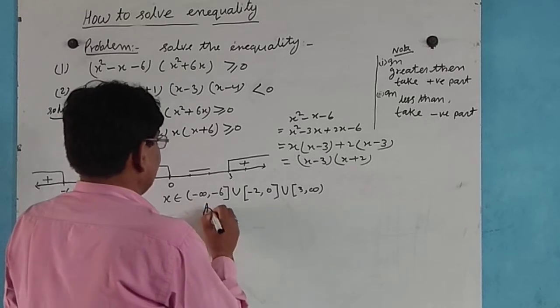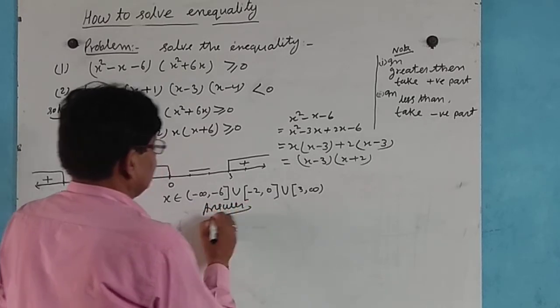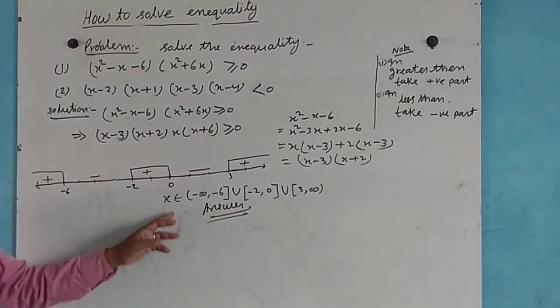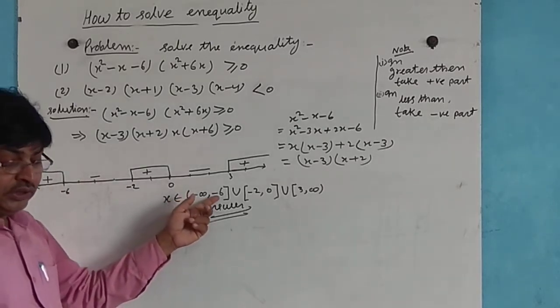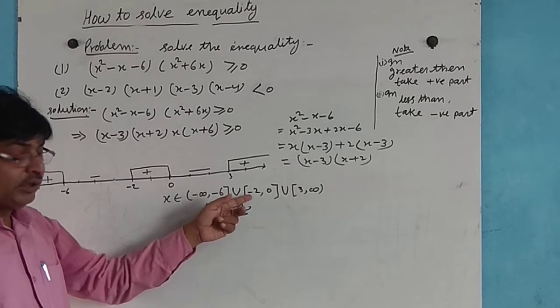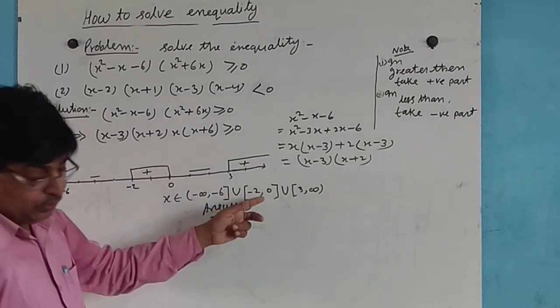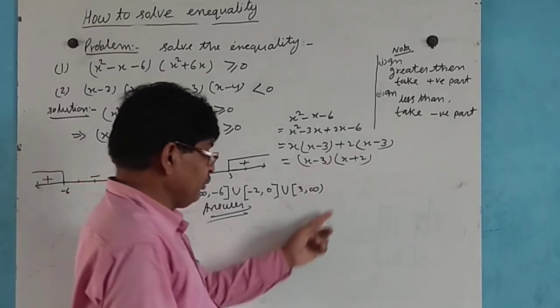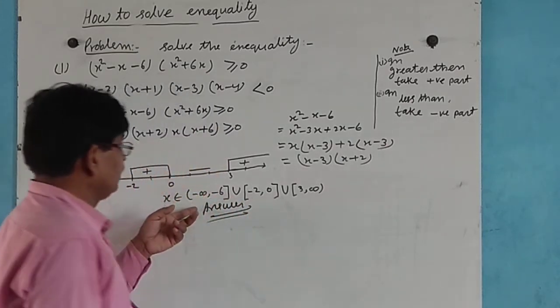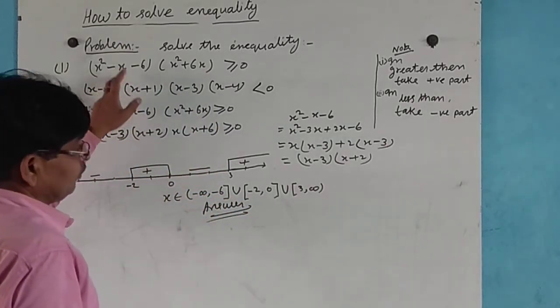This is our answer. x belongs to -infinity to -6, union -2 to 0, and union 3 to infinity. This is the answer of the first problem.